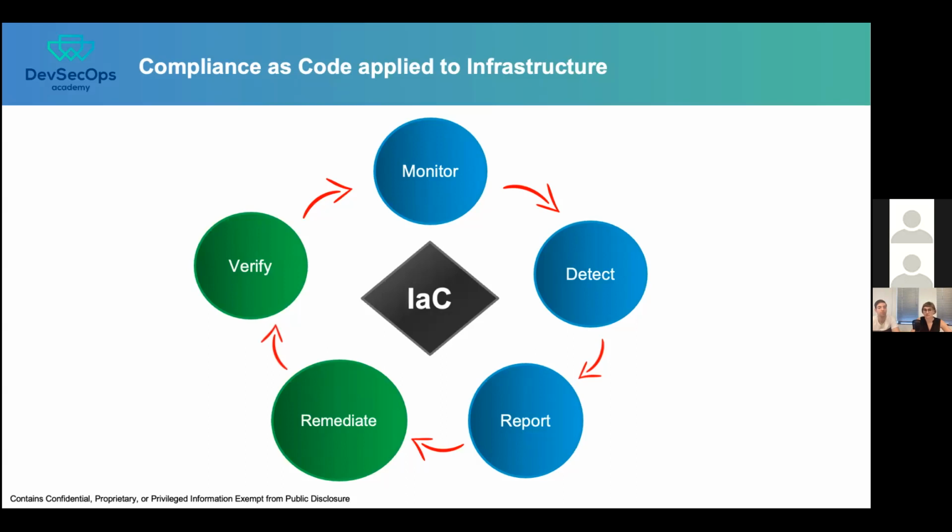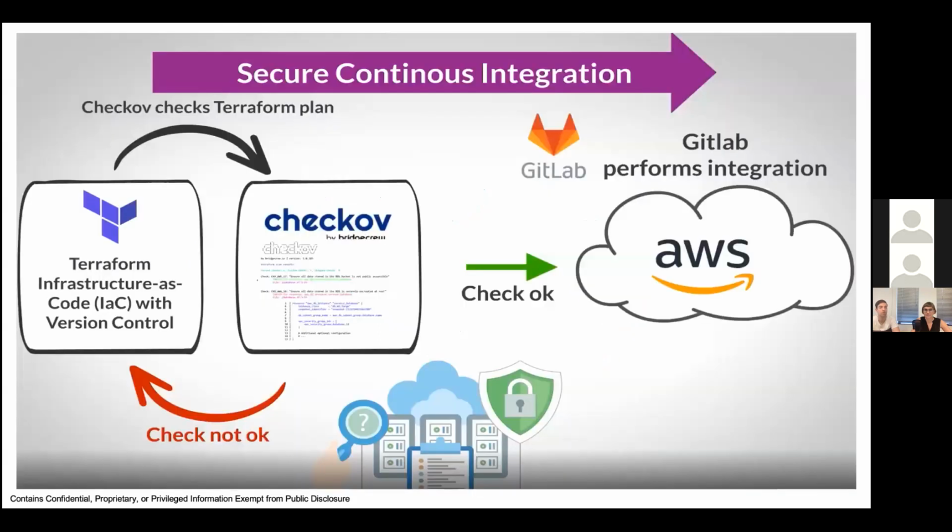This also provides auditors with proof that you are compliant. And of course, reduces the risk of human error thanks to automation. But the earlier you know about compliance violations, the easier and the cheaper it is to fix them. You really don't want to wait till production to try and resolve them.